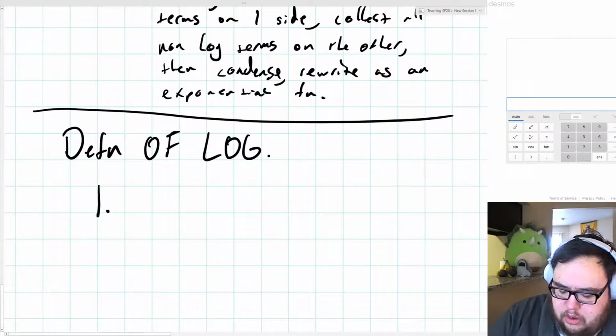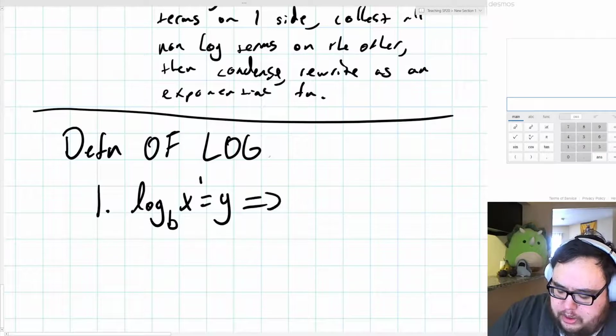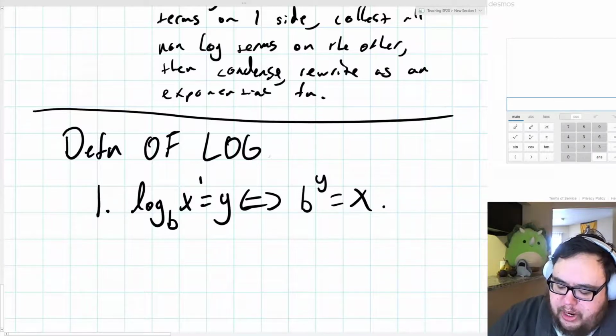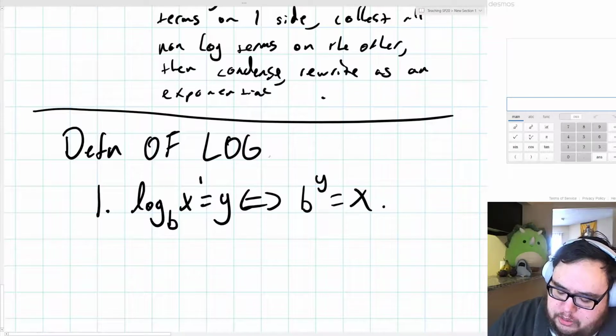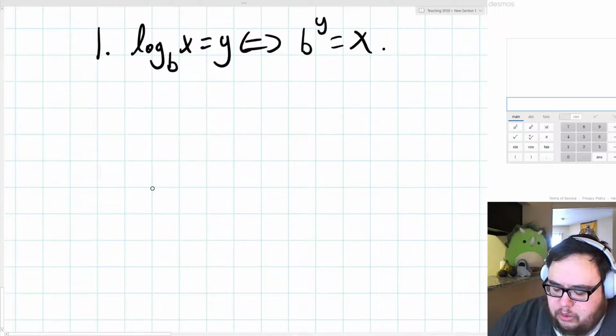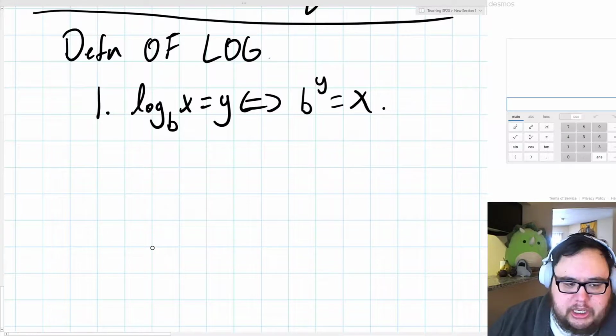One, log base b of x equal to y is equivalent to the statement that b to the y is equal to x. So when I'm saying rewrite a log equation as an exponential equation, what I'm saying is that you're going to take an expression that looks like the left-hand side here, log base b of x is equal to y, and rewrite it as b to the power of y is equal to x. Okay.